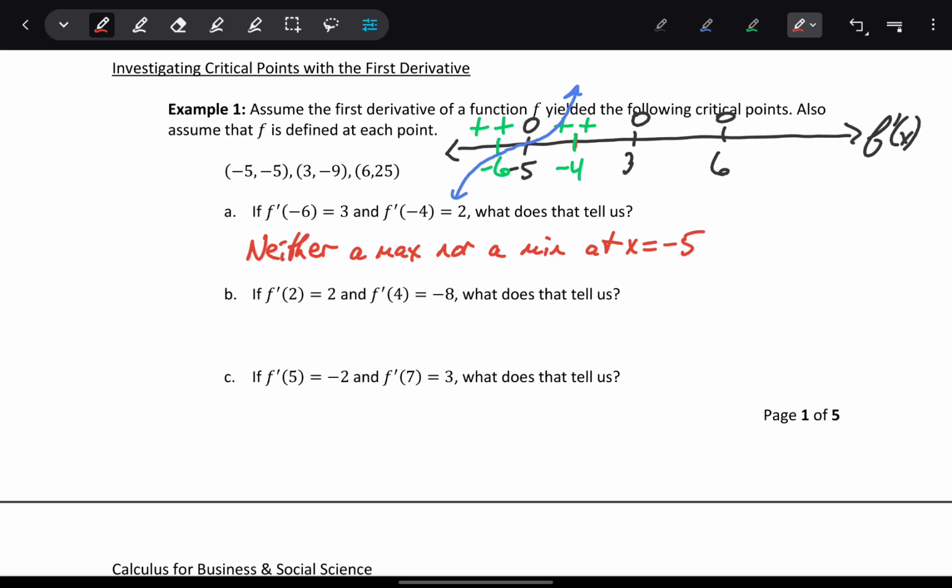Which is again why we refer to these critical values as candidates for extrema. In this case, we had a point where the first derivative was equal to 0, but we don't have a maximum or a minimum occurring.